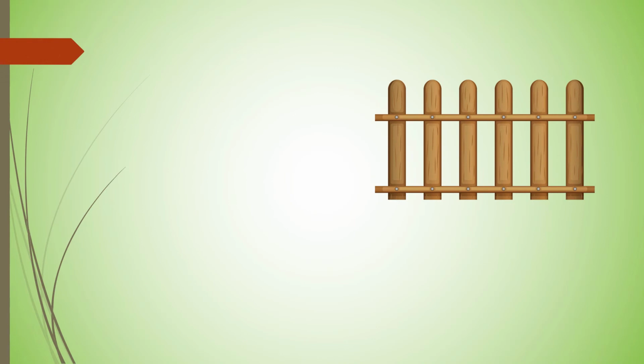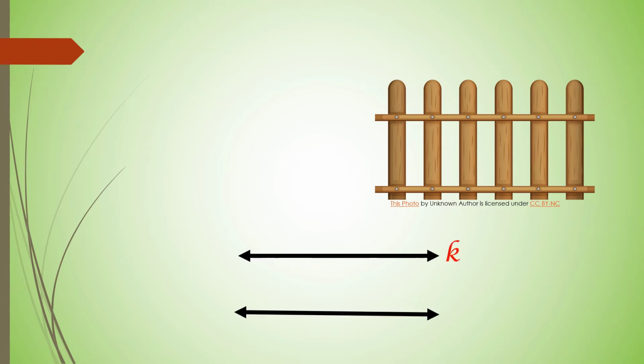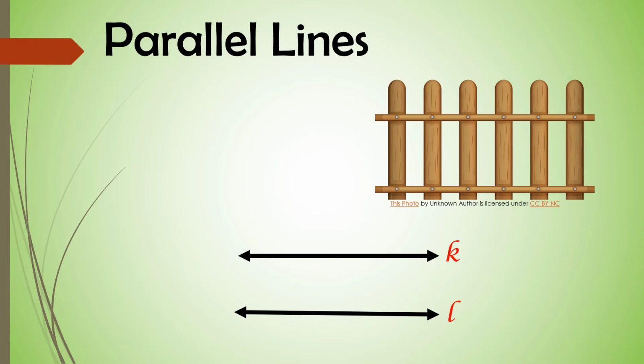The picture of a fence is a concrete example of the next pair of lines. Can you describe a fence? Let's say, for example, we get one of the horizontal lines from the fence and name it line K. Another line as line L. So the two lines K and L are called parallel lines.